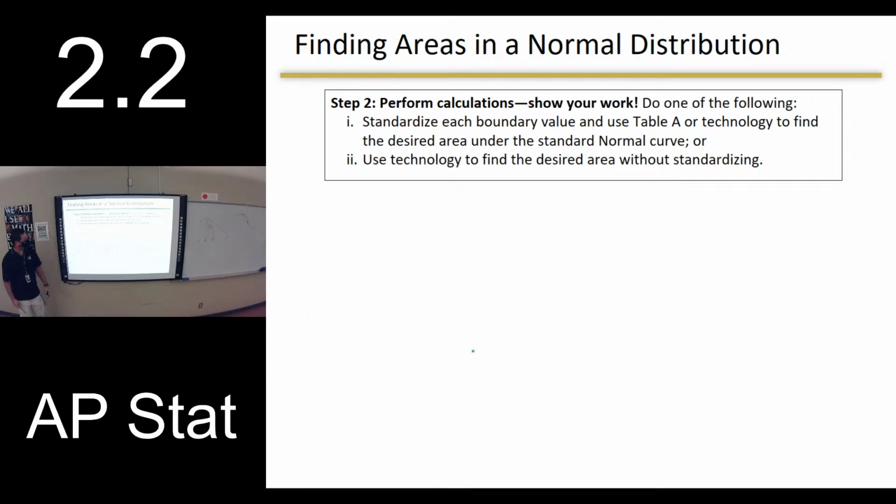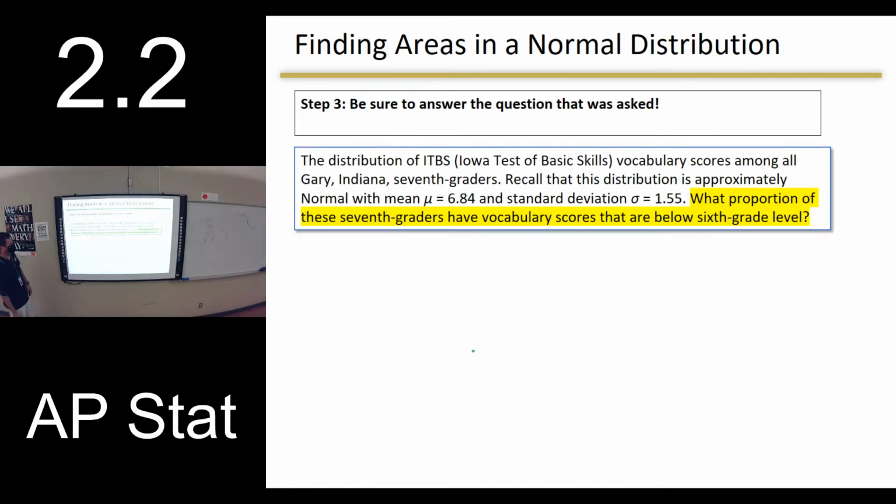What was the question? That's what we gotta do next, right? What proportion of these 7th graders will have vocabulary scores that are below 6th grade level? And you should always put the answer in context.